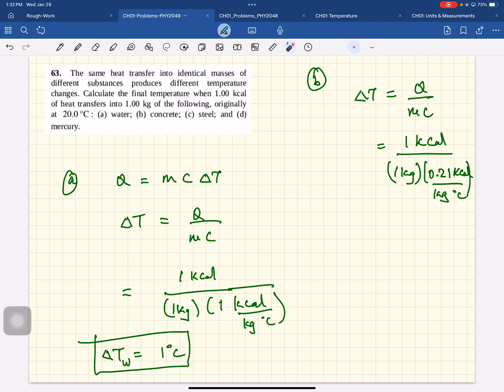So you see, it's 5 times less the specific heat, so the temperature would rise by 5 degrees Celsius. All right.